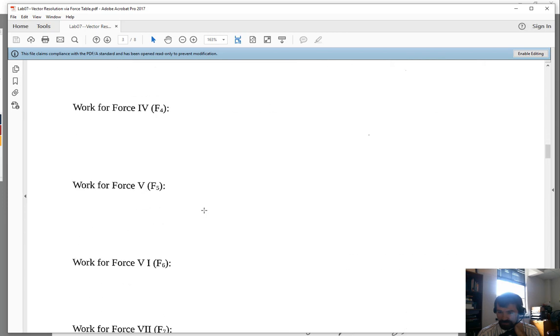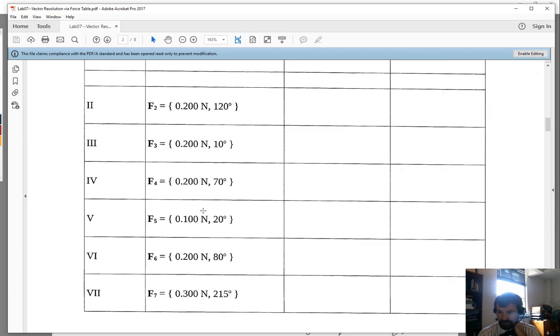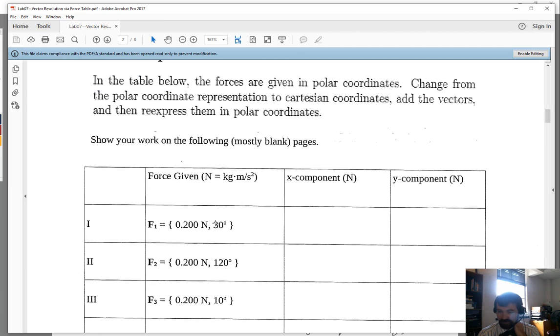So 200.2 newtons, for what it's worth, is the same thing as 0.2 kilogram meters per second squared. So it's roughly 20 grams dot g.